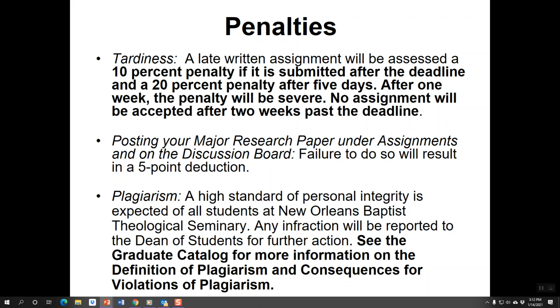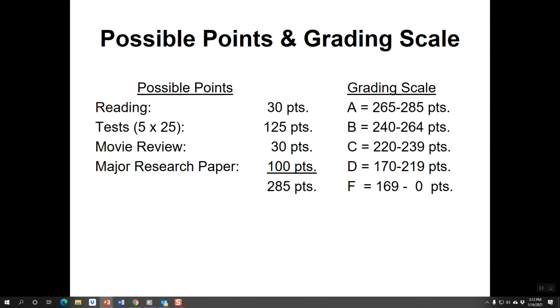We have a high standard of personal integrity at NOBTS, and any infraction will be reported to the Dean of Students. An infraction of plagiarism could fail you on the paper or in the course. And so be careful not to do plagiarism. See the graduate catalog for more information.